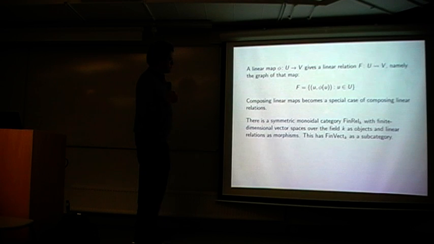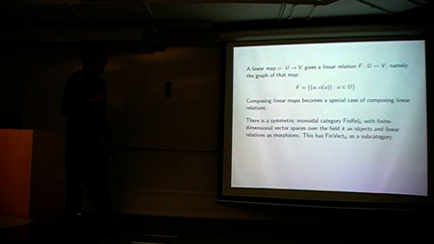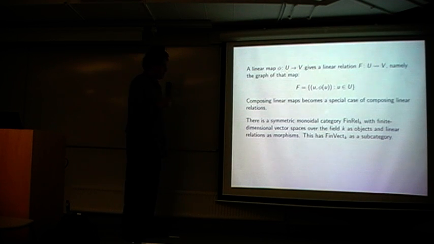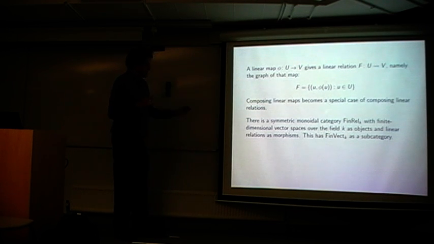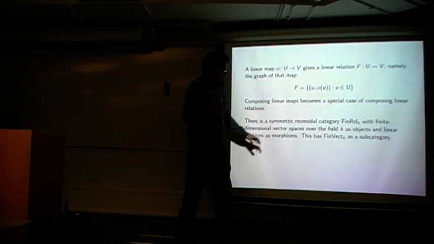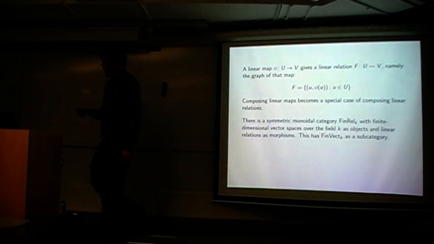So there's a symmetric monoidal category which I'll call fin-rel K, as opposed to fin-vect K, with finite dimensional vector spaces as the objects, just like before, but now linear relations as morphisms. So it includes our previous category.